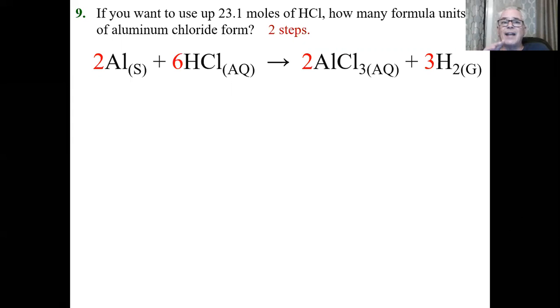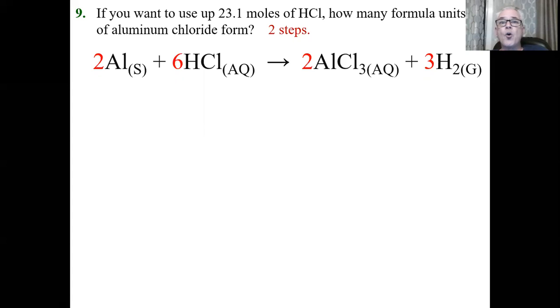First, we're looking at hydrochloric acid and aluminum chloride. We're not looking at aluminum and we're not looking at hydrogen. They're not part of this problem. Second, we're starting with moles. This is only going to be a two-step problem. This is actually smaller. This is actually easier in a sense. There's less parts.